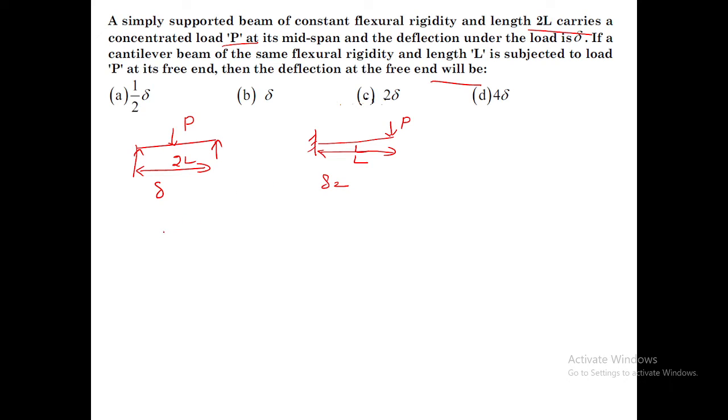So delta, the maximum deflection for a midpoint load, is W L cube divided by 48 EI.